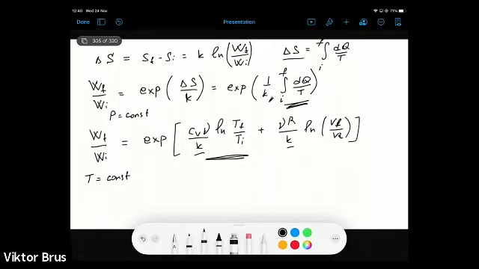So in that case, we can write that W final over W initial is equal to the exponent of nu times R divided by K natural logarithm V final over V initial.